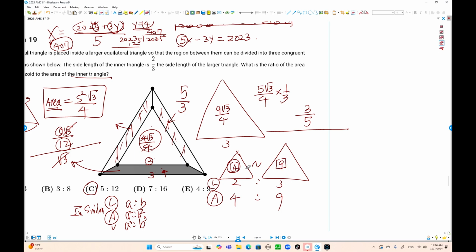Nine minus 4 is 5, divided by 3 is what? 5 over 3, not 3 over 5, I'm sorry. This one should be 5 over 3, right? One of the areas. The inner triangle's area is 4. So this one equals 5 over 12, okay?